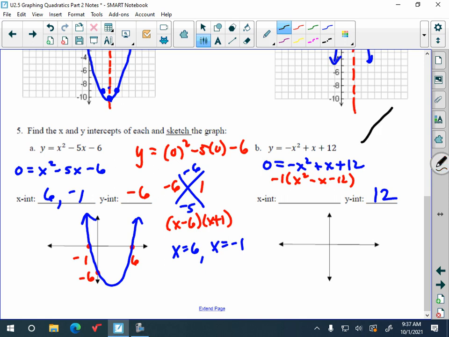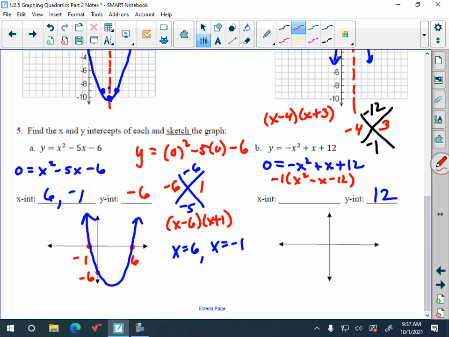All right, so I'll just do it right here. Negative 12 on top, negative 1 on the bottom. Two numbers that multiply to negative 12 but add to negative 1. Good. All right, negative 4, 3. Those are my factors. x minus 4, x plus 3.